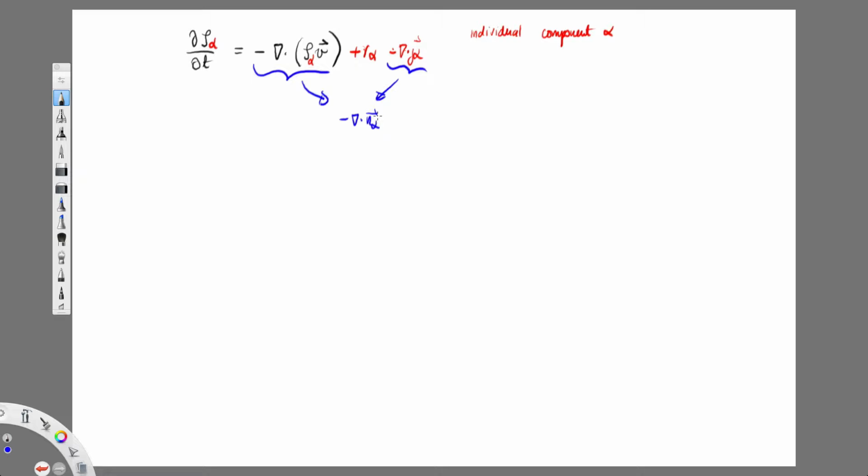Then you would have to be careful: are those phases immiscible or not? If they're immiscible, then this equation is true within that phase only, and I'm not losing anything on the boundary. But if they're miscible, then I have certain flux through the boundary, so that enters as a boundary condition for that phase.